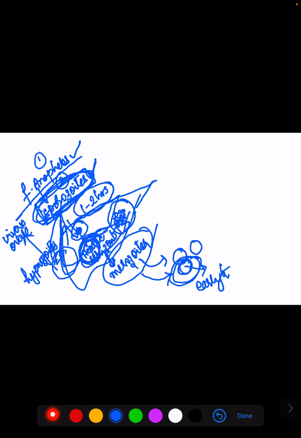The latent form of the sporozoite, occurring due to infection with vivax and ovale, is the hypnozoite. Later the sporozoites form the hepatic schizont, then convert into merozoites in the blood.